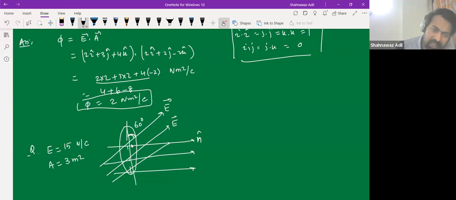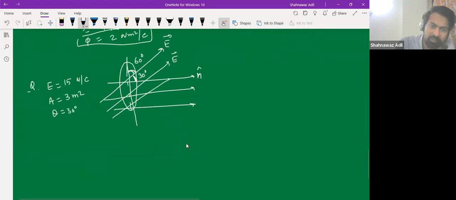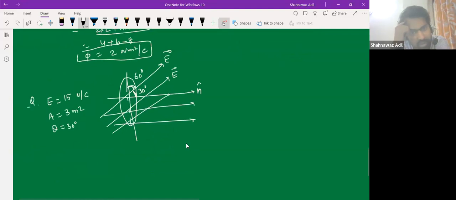So from this surface it is 60 degrees, and from this normal it would be 30 degrees, right? So theta is 30 degrees. Sir, how do you determine whether it is 30 degrees or 60? Oh, sir, I get it. Yes, so this is 90, right?